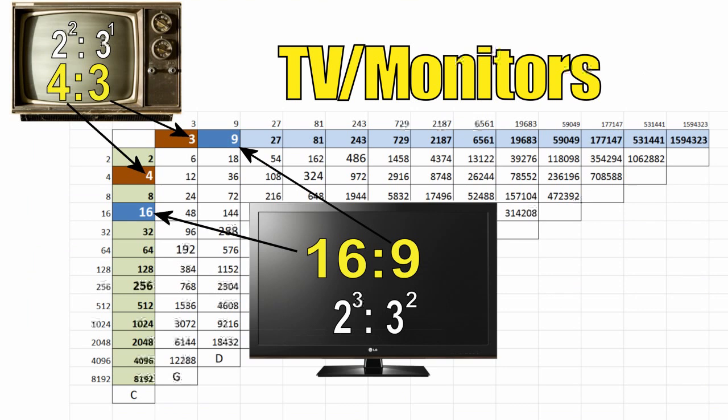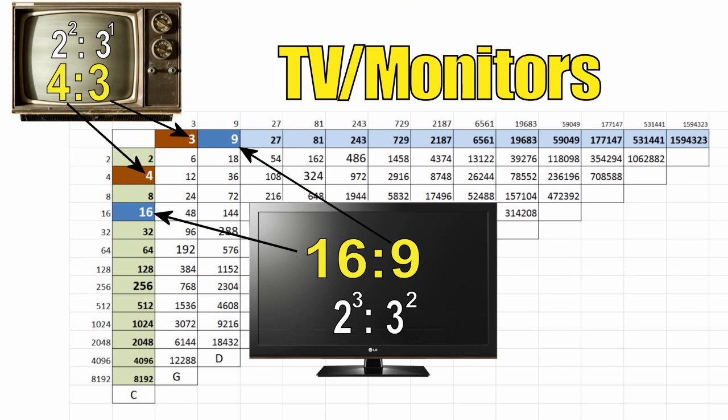When it comes to harmonics, I'll be talking mainly looking towards historic or ancient times, but there are nice applications even in the modern age. Think of TV monitors. The old-fashioned TV was a 4 by 3. Monitors are now 16 by 9. These work nicely with the harmonic numbers as well.